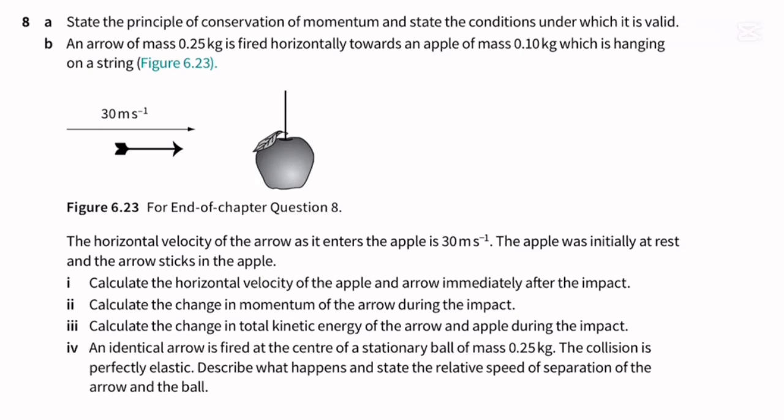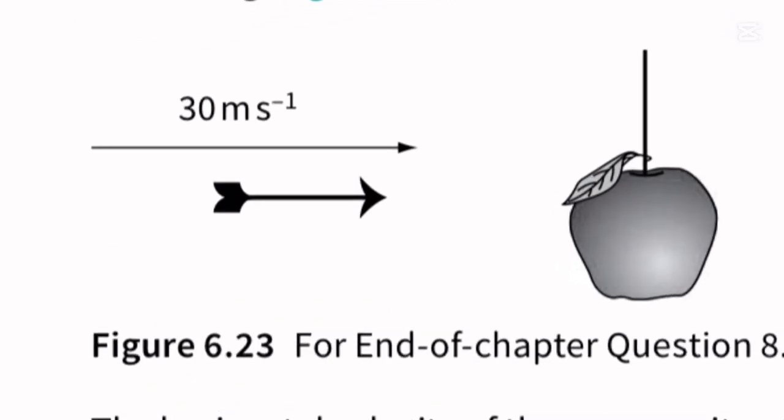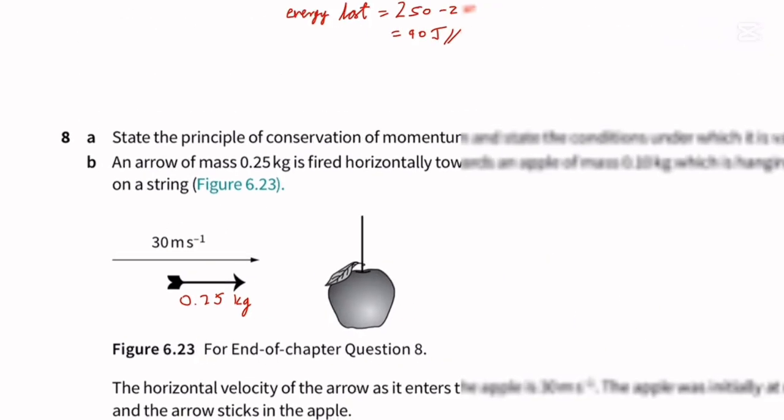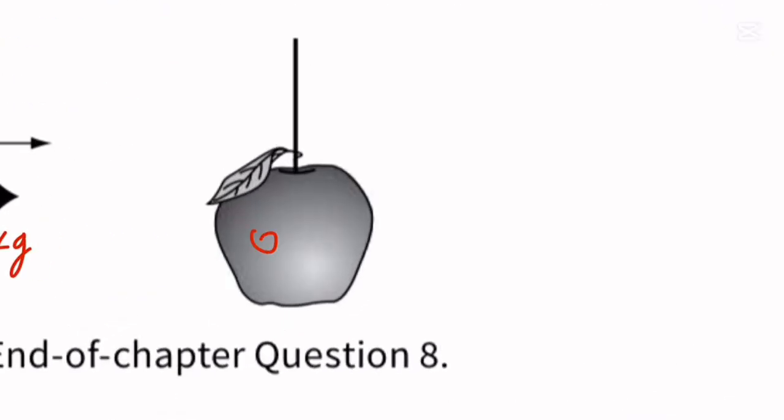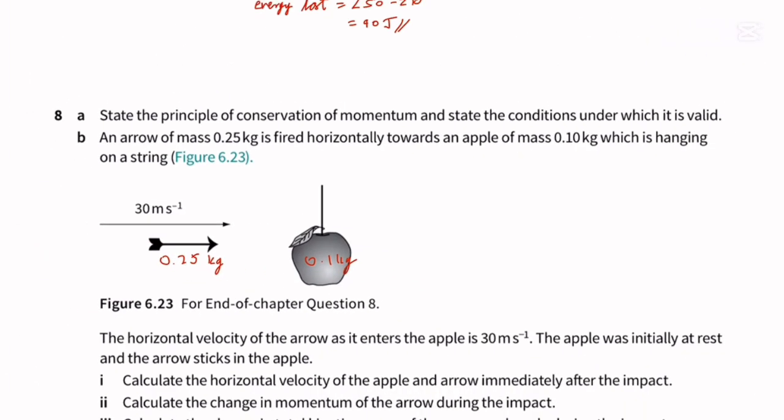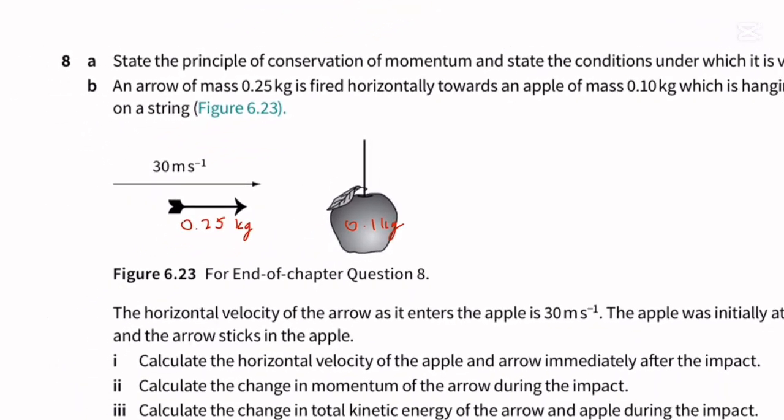An arrow of mass 0.25 kilogram is fired horizontally towards an apple of mass 0.1 kilogram, which is hanging on a string.